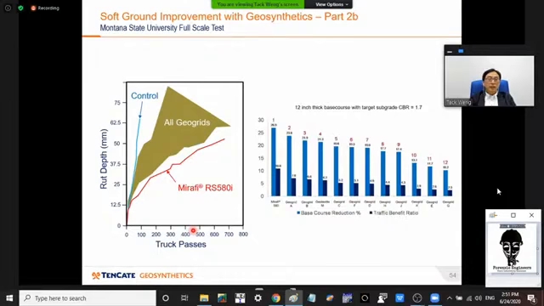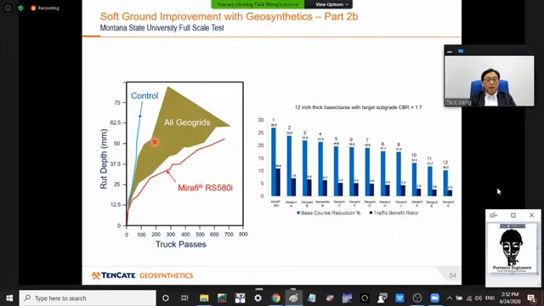This is an interesting chart. The test report actually mentions different products and names, but for the purpose of not showing them, I have just grouped them. The control is where no geosynthetic is used, and a combination of geogrids and geotextiles are used.